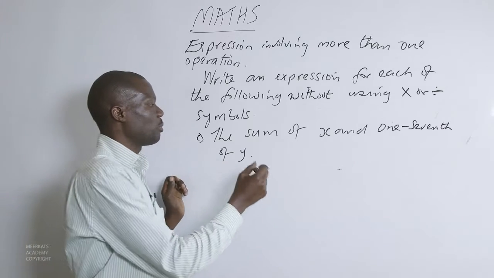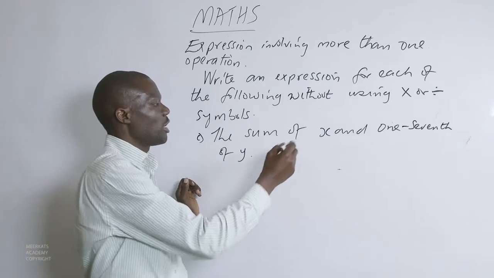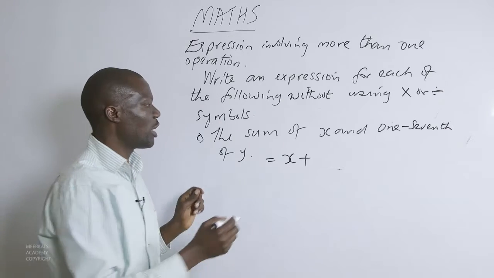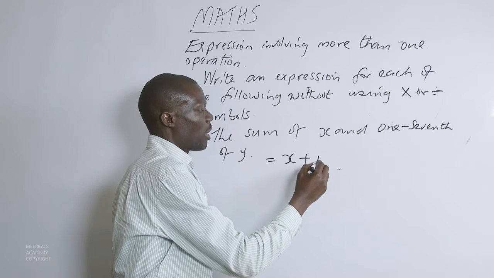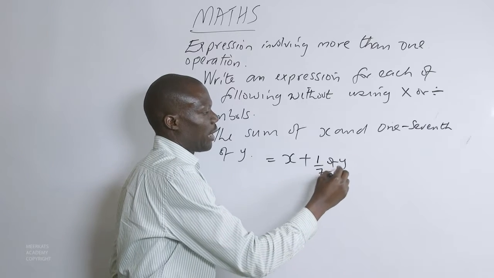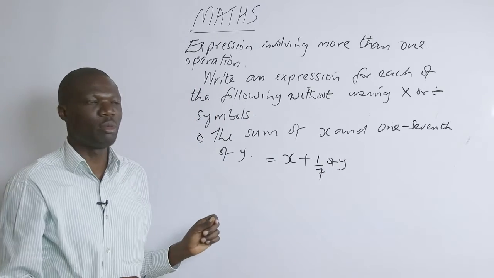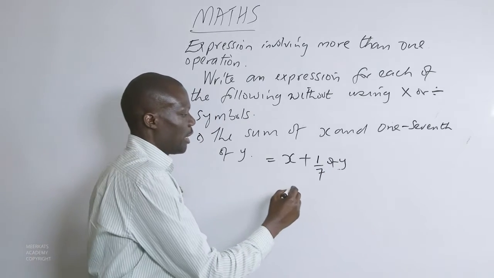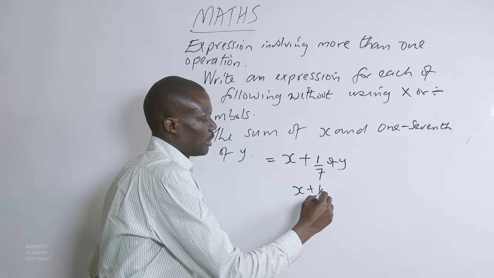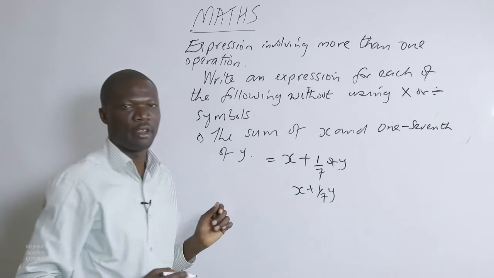So we shall have our expression here being x added to 1/7 of y. And this can simply be written as x plus 1/7 y.